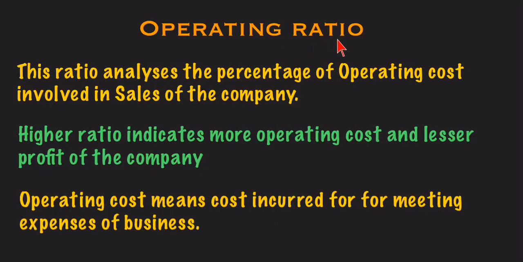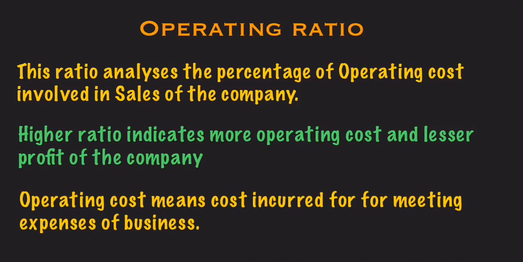Now today's next ratio is operating ratio. This ratio analyzes the percentage of operating cost involved in the sales of the company, that is, how much operating cost the company has incurred in order to make sales of a particular amount.